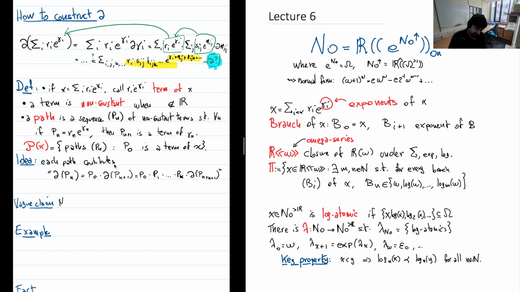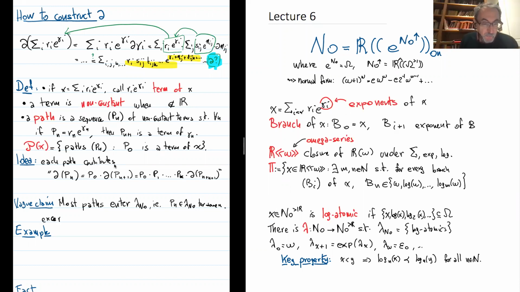The vague claim is that most paths enter logarithmic numbers, and by this I mean that Pn is in lambda naught for some n. Most paths actually become logarithmic along the sequence. Once you're logarithmic, we'll see an example in a moment, you remain logarithmic. So the entire path becomes a path of logarithmics, except, I mean, most paths.